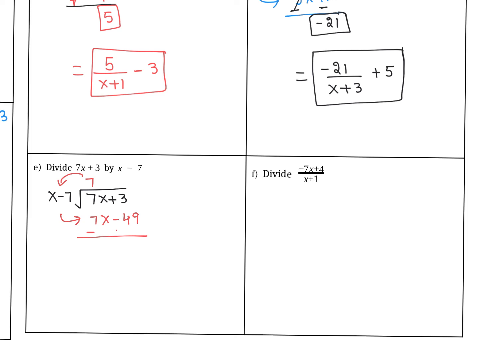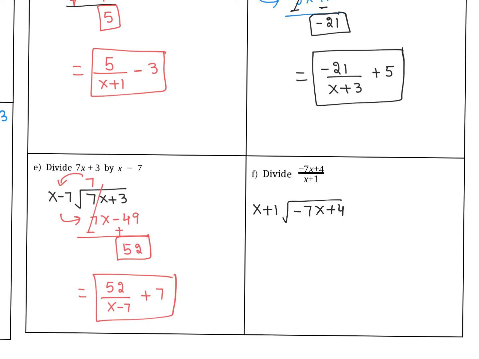Change the signs. 7x and negative 7x cancel, and 49 plus 3 is 52, and you get remainder over divisor plus quotient.